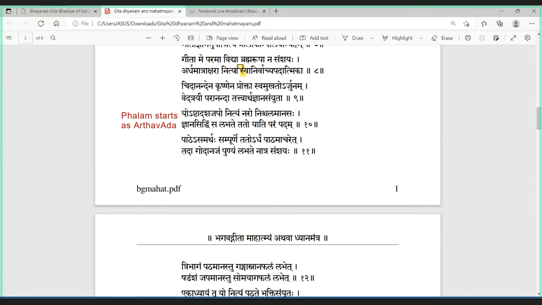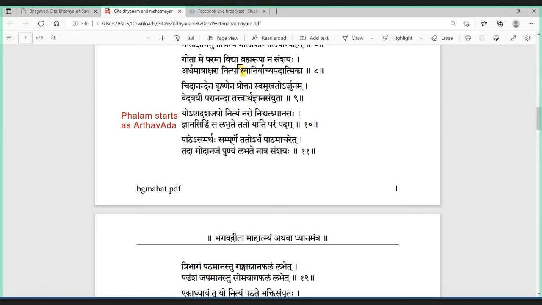He says, Yaha ashtadasha japaha nityam naraha. Yaha naraha. The person who does ashtadasha, 18, the 18 chapters. Japaha nityam means he constantly does the 18 chapters ka jap. Nischala manasaha, with a nischal mind, non-wavering, ekagra mind.